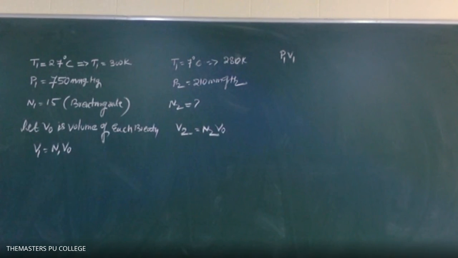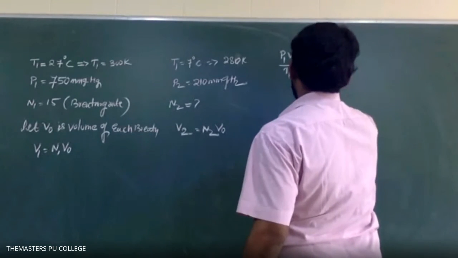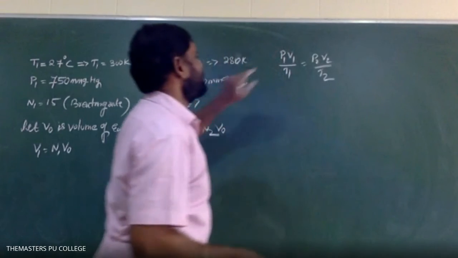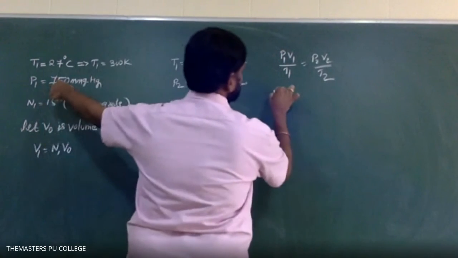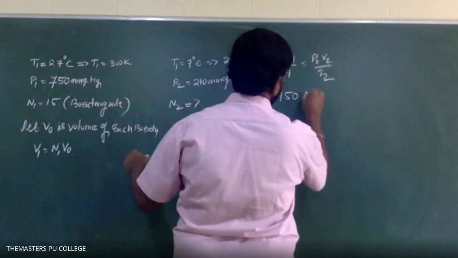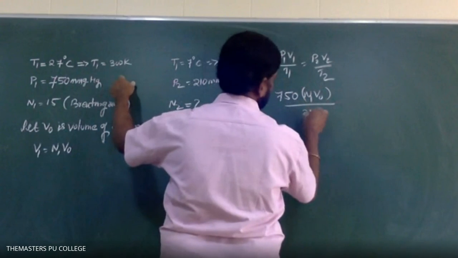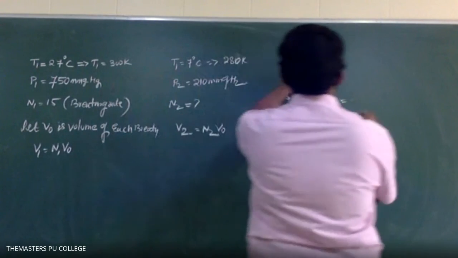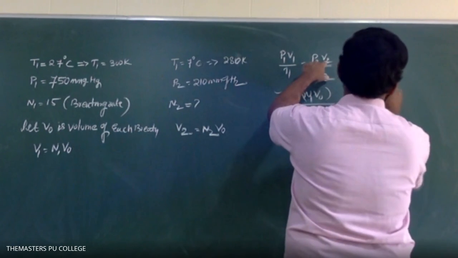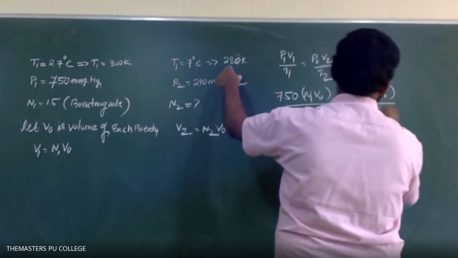So applying P1 V1 upon T1 equals P2 V2 upon T2, substitute the values. P1 means 750, V1 means N1 V0, divided by T1 means 300, equals P2 means 210, V2 means N2 V0, divided by T2 means 280.